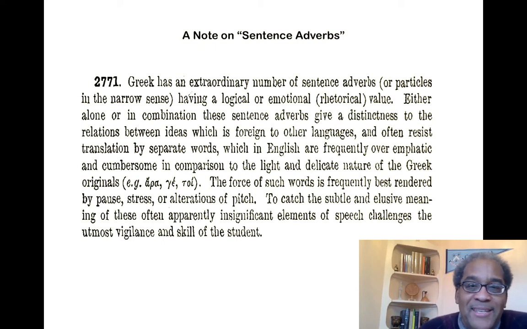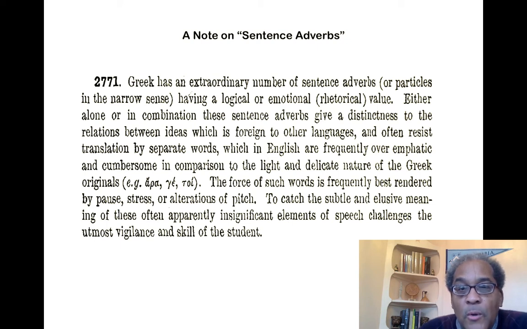And why would you need a big fat book dedicated to these? Because, as Smyth tells us in this, one of my truly favorite sections of the grammar, he says, Greek has an extraordinary number of sentence adverbs, or particles in the narrow sense, having a logical or emotional, that is, rhetorical value.